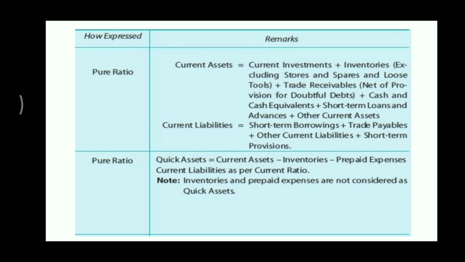Cash and cash equivalent, so cash in hand, cash at bank, marketable securities, they come under cash and cash equivalent. Short term loans, loans which are given for a period of 1 year. And other current assets, so other current assets includes prepaid expenses and accrued income.